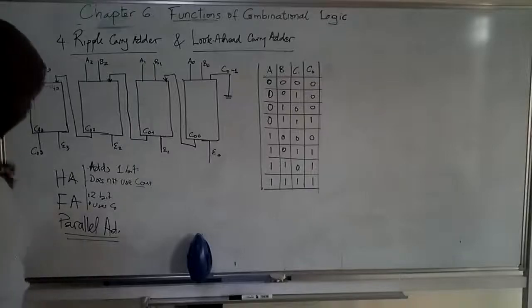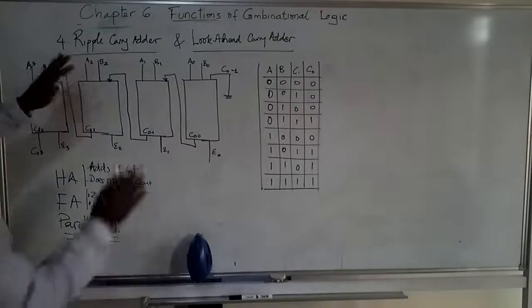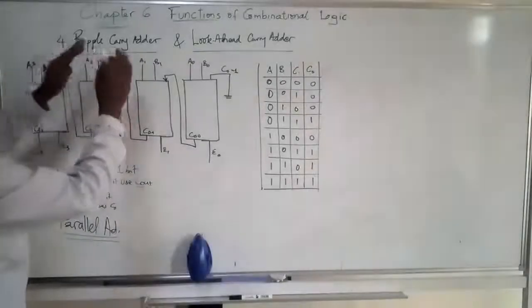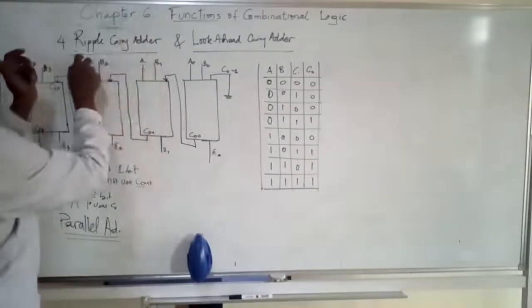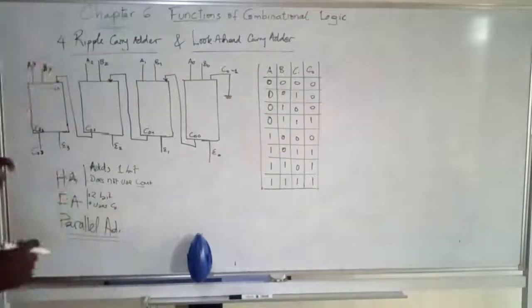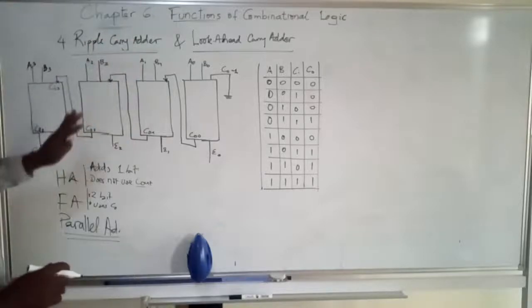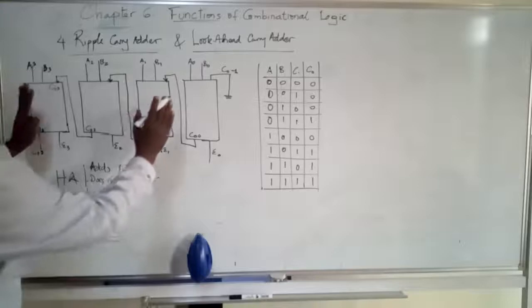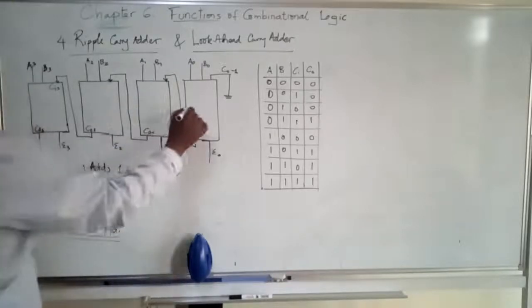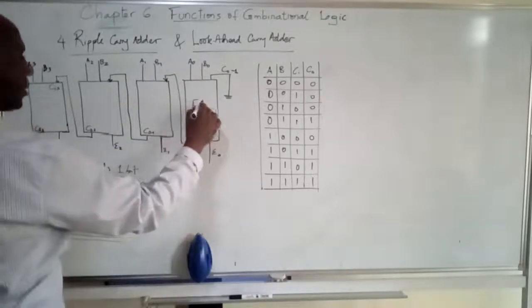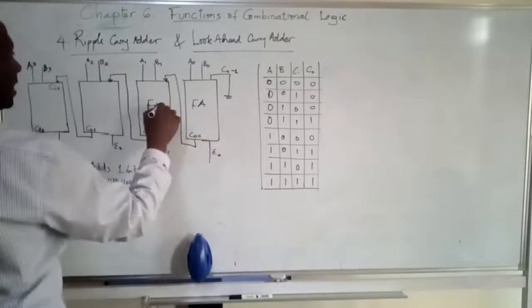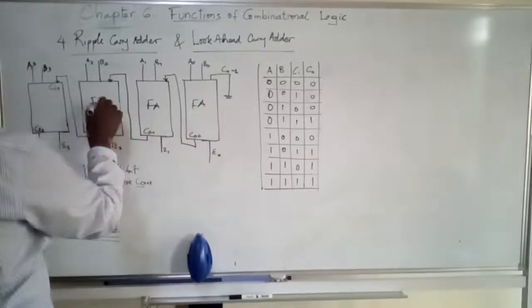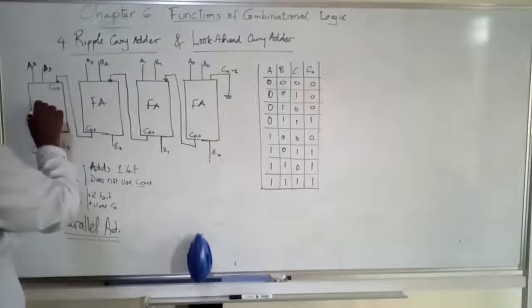Good. So now, in this section, let us start with the ripple carry adder first. The ripple carry adder is nothing but the parallel adders. As you have seen here, this is the full adder, that's the first one. This is another full adder.